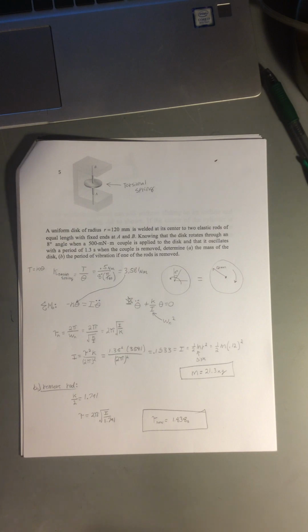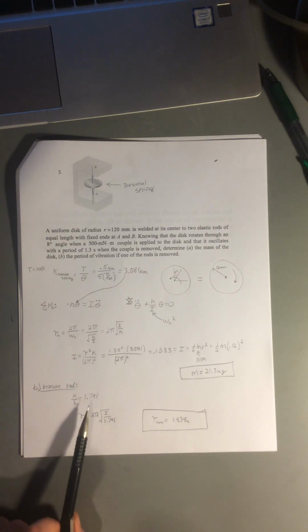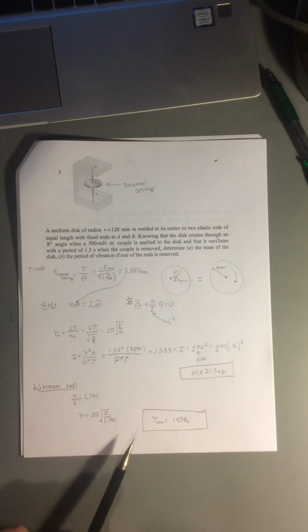Part B tells us that there was one of these rods removed, and it wants us to find the period of vibration if that happens. Removing one of these rods will cut our K value, our spring constant, in half. Calculating our new K value by dividing by 2 gives us a spring constant of 1.791.